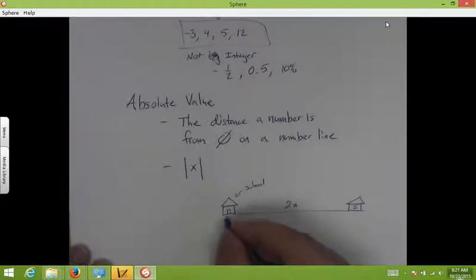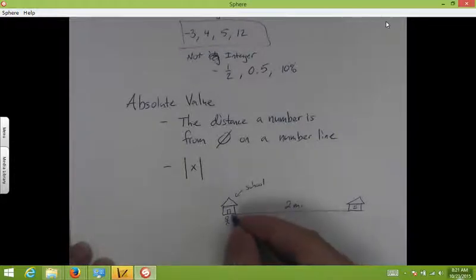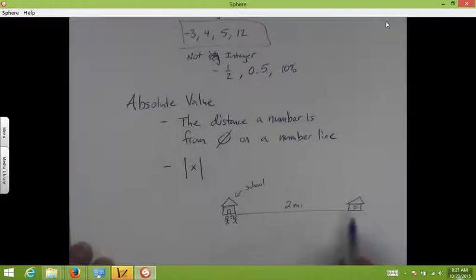If you're standing here and you're talking to your one friend and you say, "Hey, how far do you live from the school?" He'll say 2 miles. He'll never say -2 miles. If he's facing this way and looking at you, even though it's 2 miles behind him, he's not going to say, "I live -2 miles from the house."